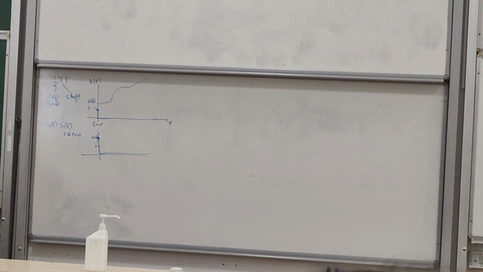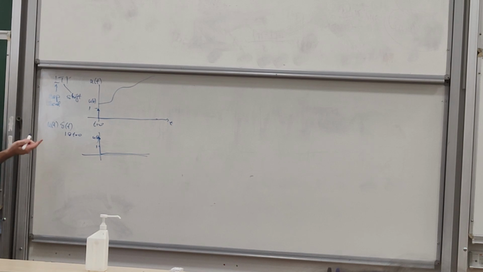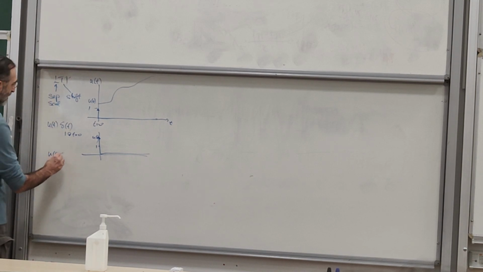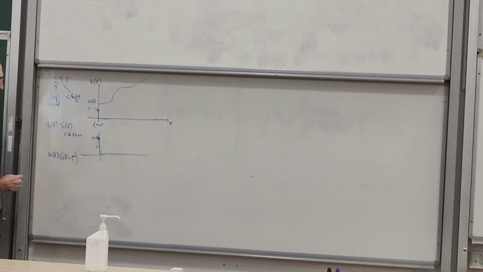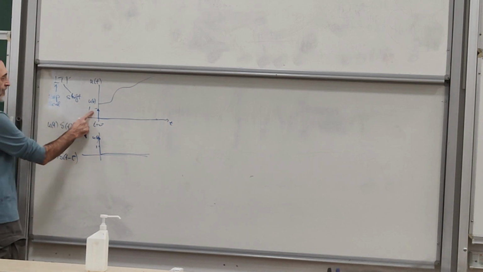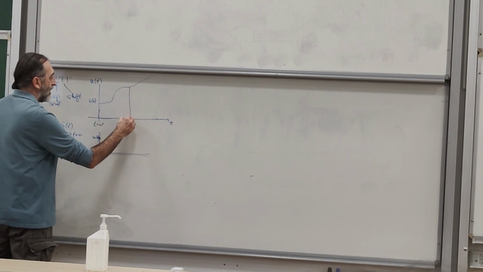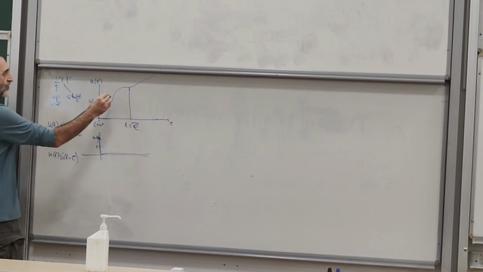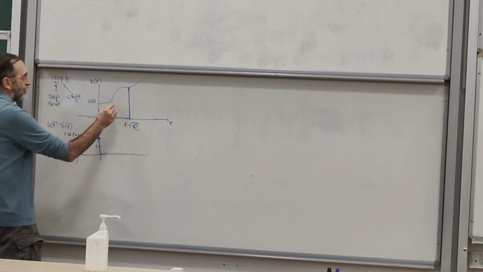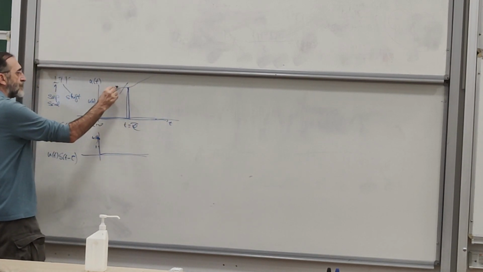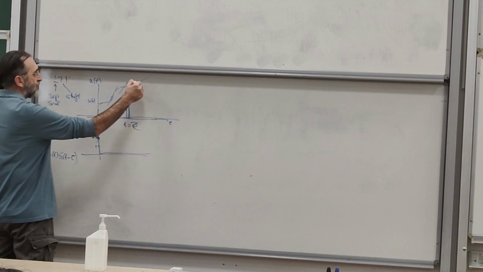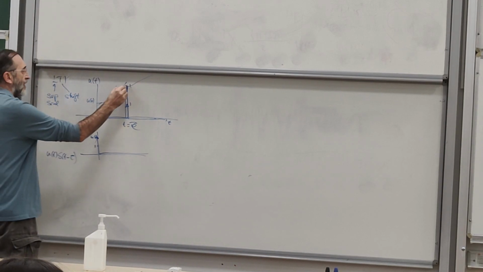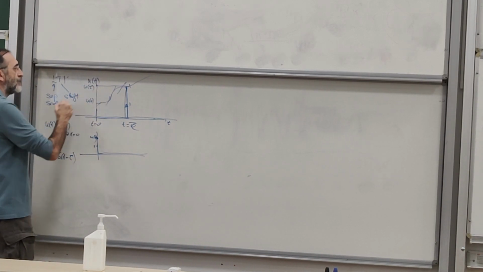Now let me add another delta. Let me have u of t times delta of t minus tau. Then the delta is going to fire at t equals tau. Everywhere else it's going to be 0. So this part is collapsed down to 0, and this part is collapsed down to 0. I have a 1 here with delta of t, and I have u of tau here.